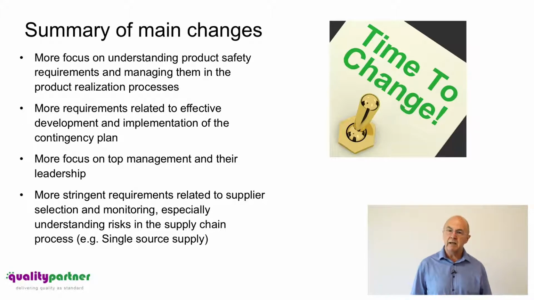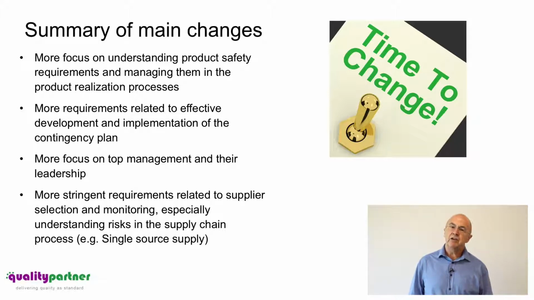Top management can't anymore just delegate the responsibility for the quality management system to the quality manager. They have to take responsibility themselves to lead, making sure that they have an effective process-based management system and that the risks and opportunities within each of the business processes are understood.